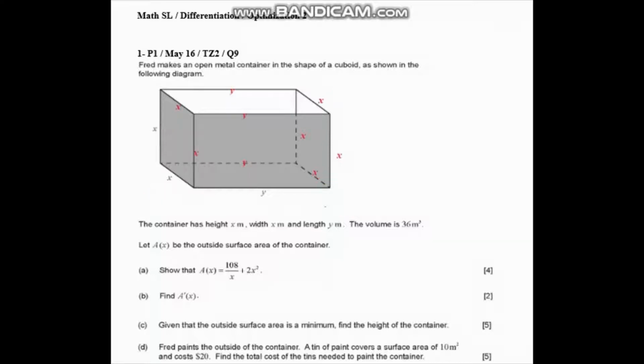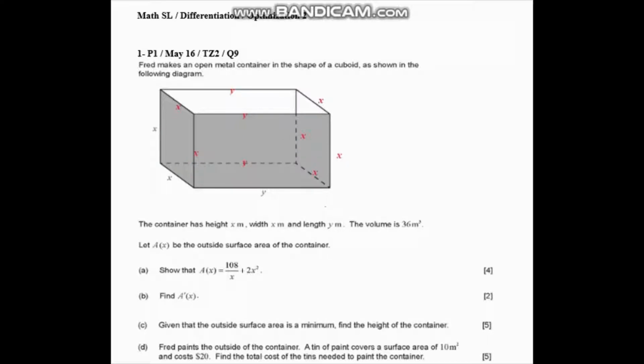And similarly, since this is y, hence this is y, and this is y, and this is y. Also, since this is x, hence this is x, and this is x. So I've just labeled all the sides according to x and y, and it's obvious the shorter sides are x and the longer sides are y.